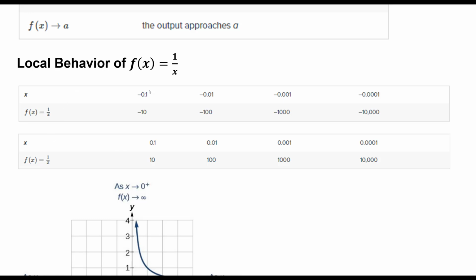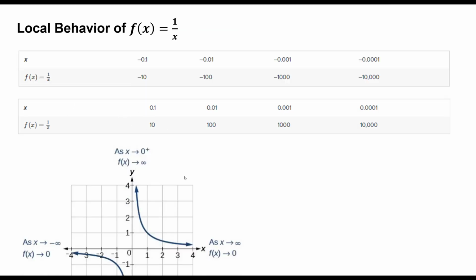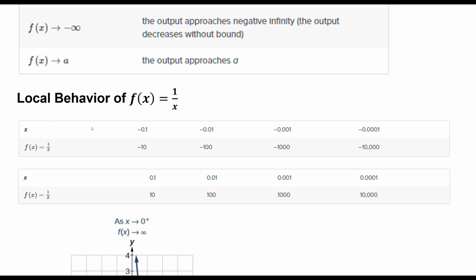So for our local behavior, I want to share this with you with an accompanying graph just to see what's happening. Here we have x really small, or near 0: negative 0.1, negative 0.01, negative 0.001, negative 0.0001. We look at this in the context of 1 over x.